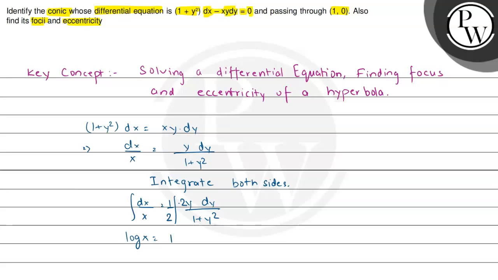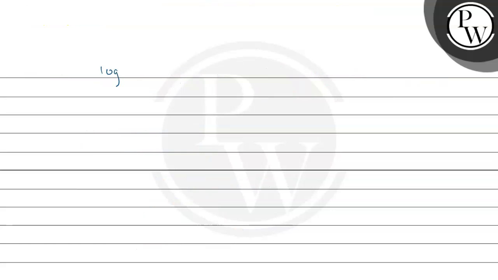So we can say this is equal to 1 upon 2 times log of (1 plus y square) plus c. So I can say log of ax is equal to 1 upon 2 log of (1 plus y square), which would imply that a square x square minus y square is equal to 1.